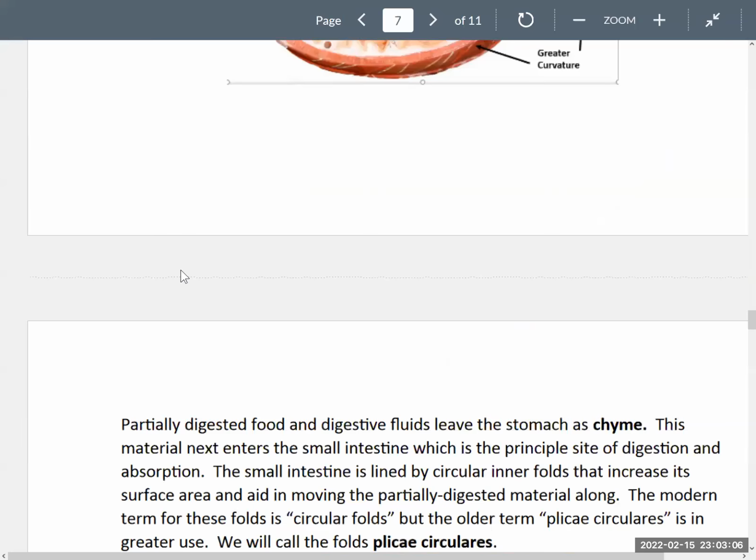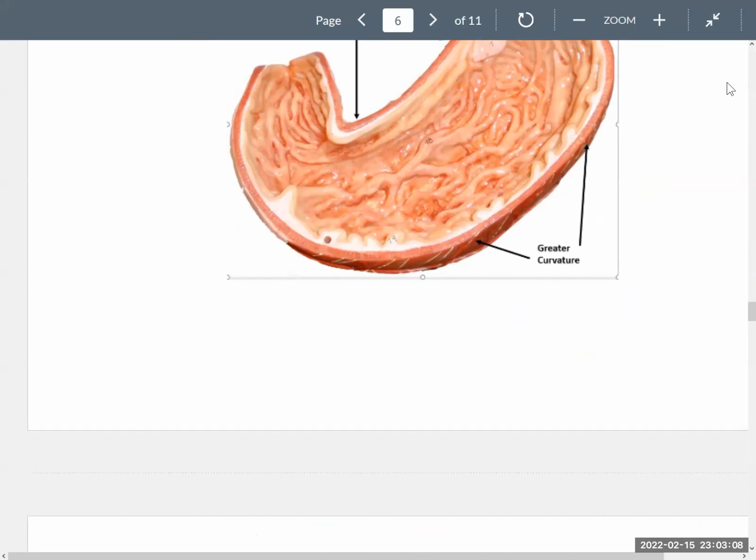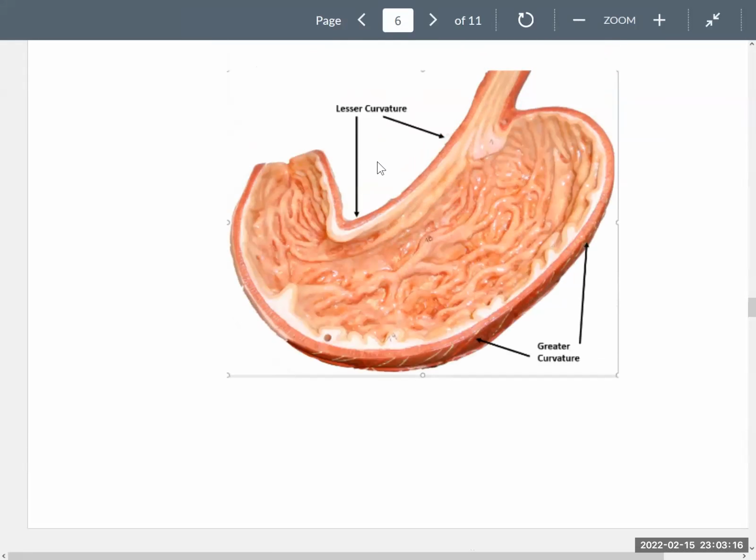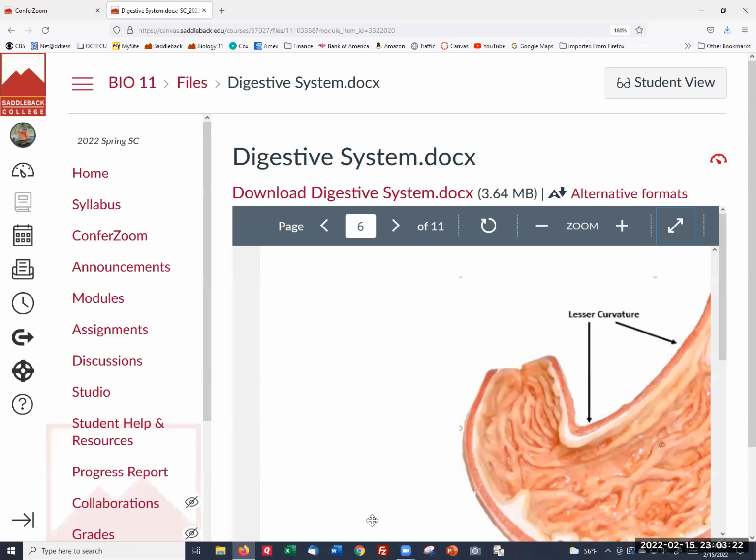You needn't worry about that. Okay, so I'm just showing you the point right after this lesser greater curvature. Okay, let's take a break if we could till 3:15.